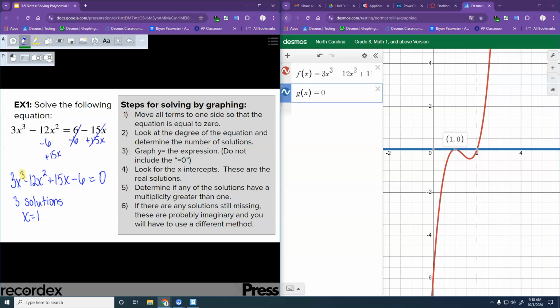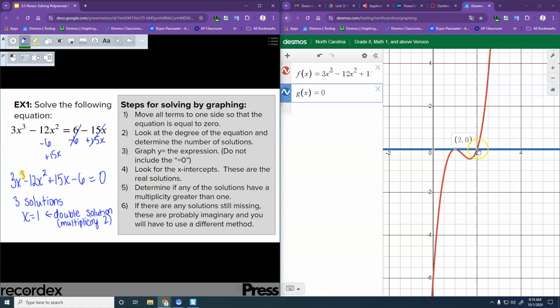So that is a double solution, or sometimes you'll see them say multiplicity of 2, right? So although it's only one distinct 0, it counts twice because it's a double solution.